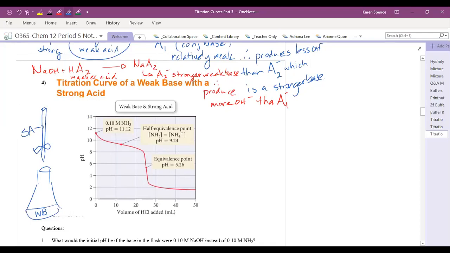Okay. And because we've got a weak base, here is our initial pH, and it's high because we have a base.